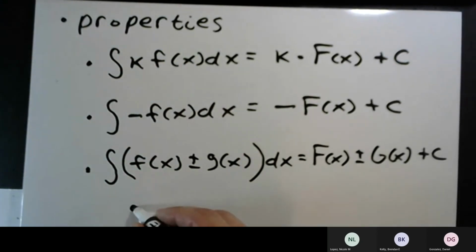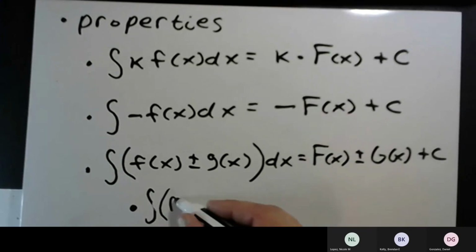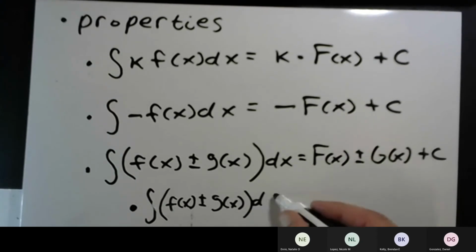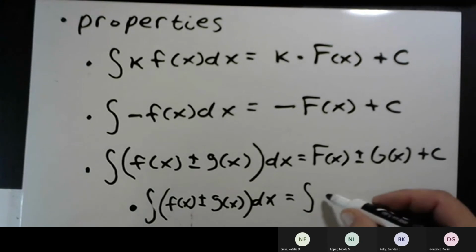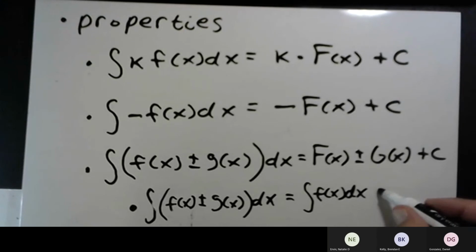But there's another way you could summarize this one. The antiderivative of a sum or difference, like with derivatives, will be the sum or difference of the antiderivatives.